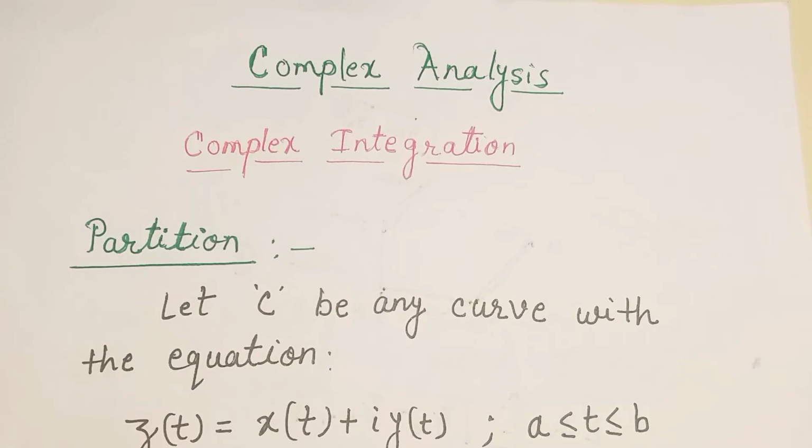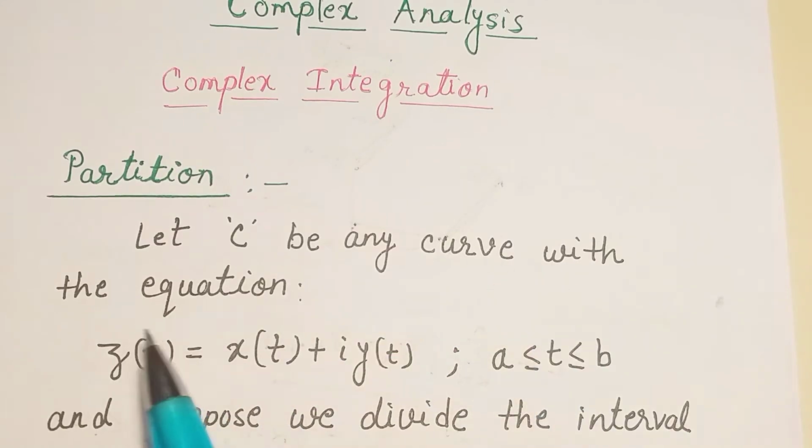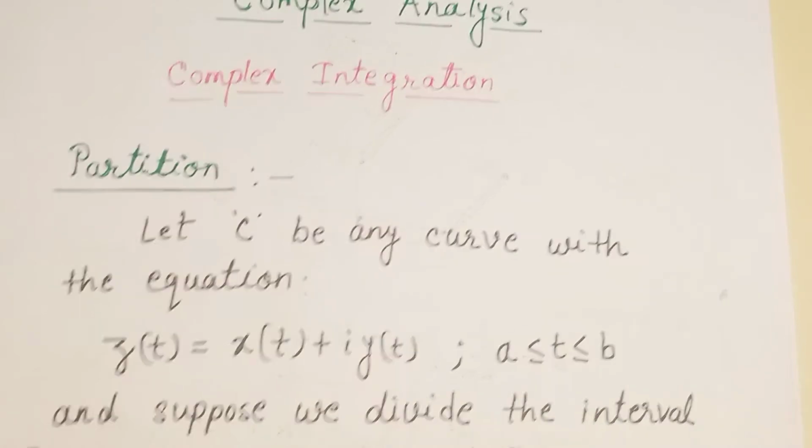Okay. Now we understand this term mathematically, for which first we define a partition. Partition: let C be any curve with the equation z(t) = x(t) + i y(t), where a ≤ t ≤ b.